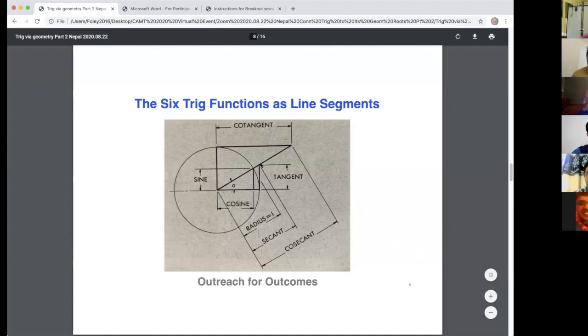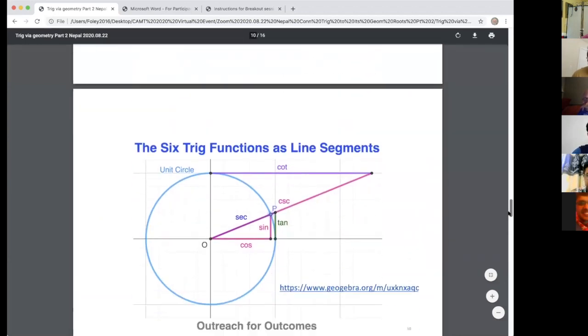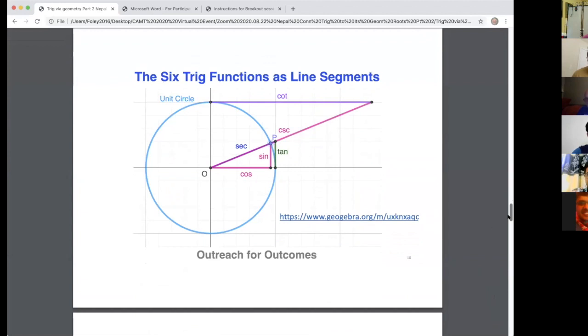And we can also think of the tangent as the segment itself, just like we think of the radius. So any of the 6 trig functions can be seen as line segments, just like we can think of the radius as a line segment. And so this was the focus of our last webinar, to see the trig functions as line segments.